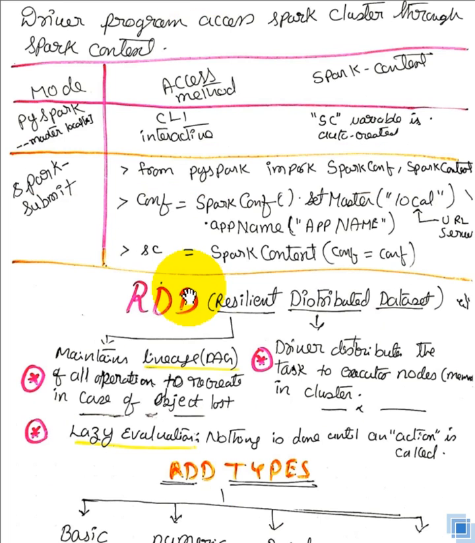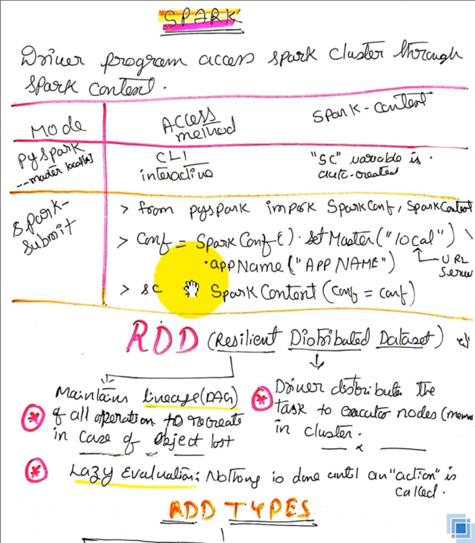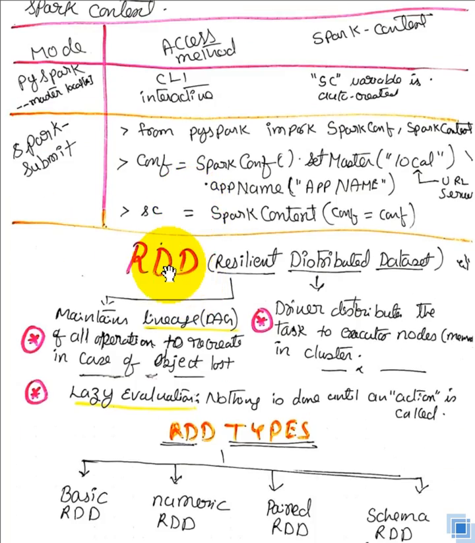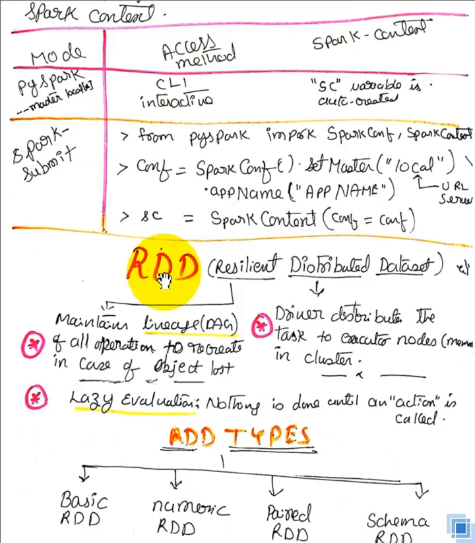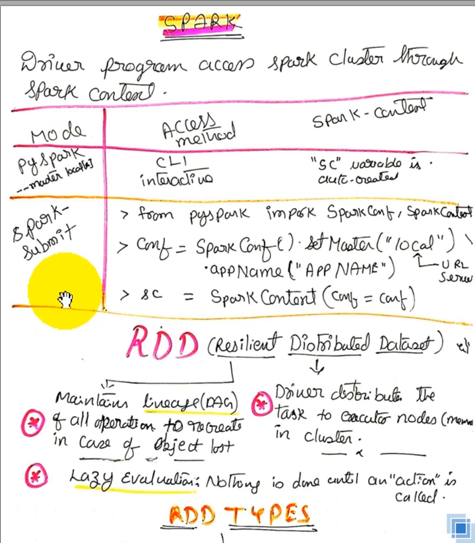And now the question arises, what are we going to do once we have the Spark context? Okay, I have the Spark context, now I have access to the Spark cluster. Once we have access to the Spark cluster, we need to do three tasks basically.